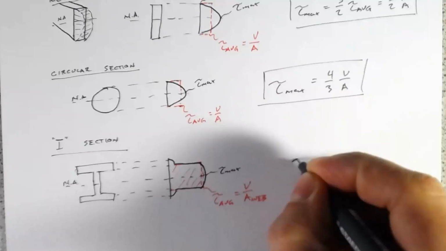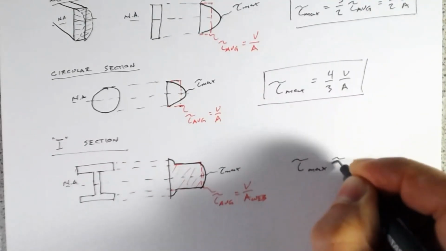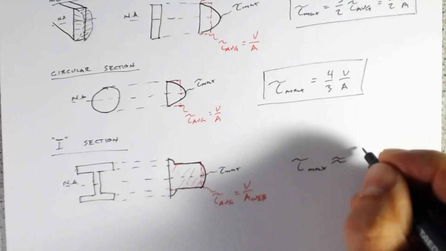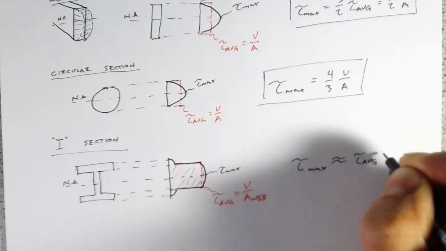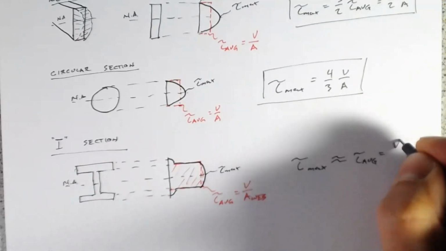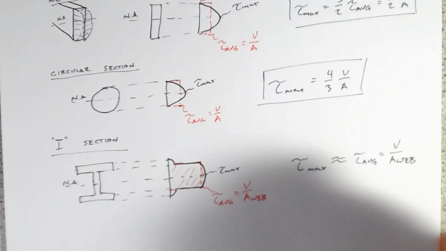In fact, you'll find that for a lot of steel codes, they say you can assume your tau max is approximately tau average equal to V over A web.